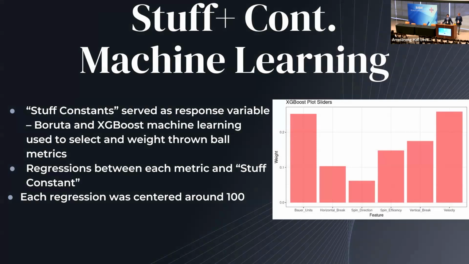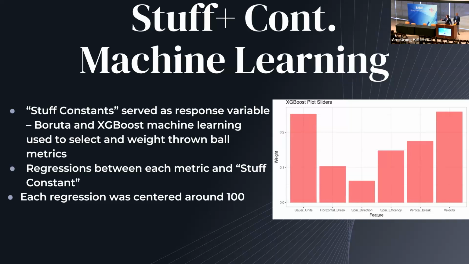Moving on to the machine learning aspect, we started with Boruta, which is a feature selection algorithm, to have the computer tell us what parts of our Rapsodo data most correlated with our stuff constant. From there, we again used XGBoost to weight exactly how much these different things matter.